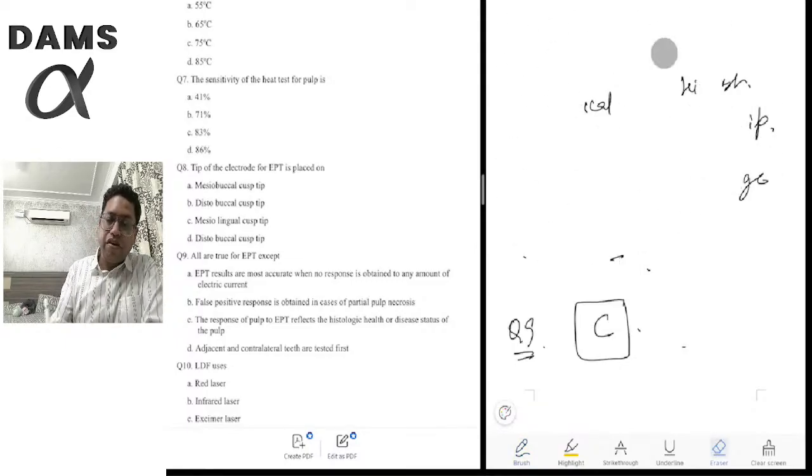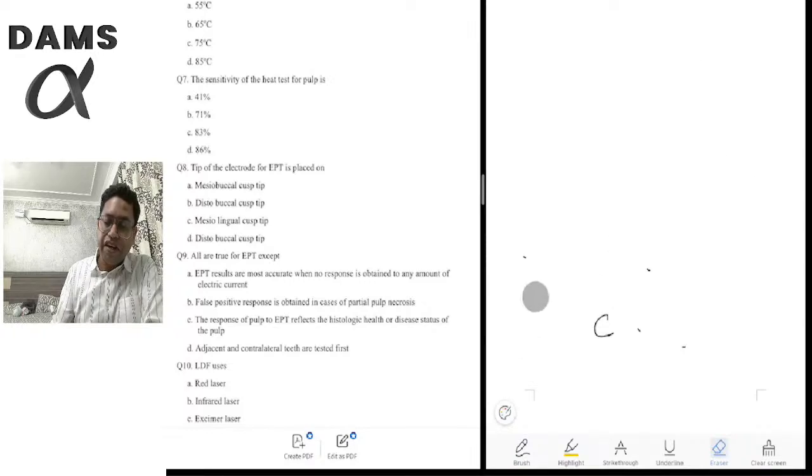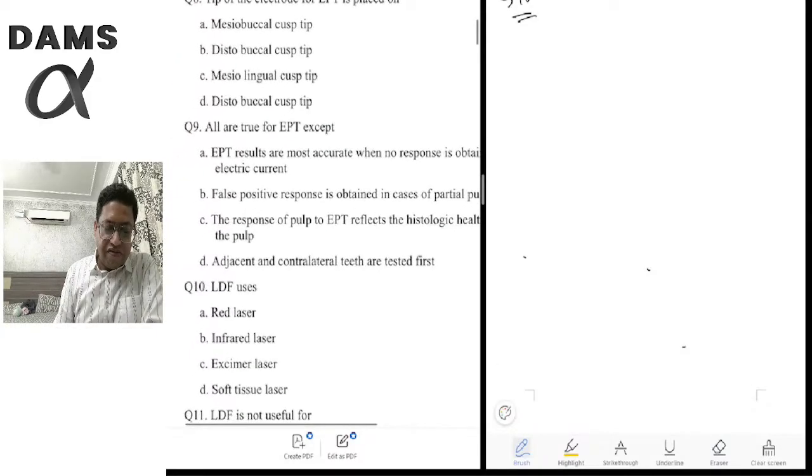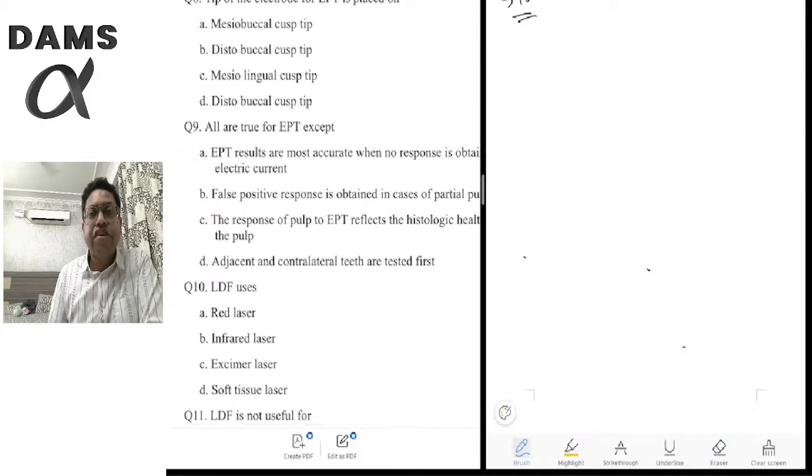And finally, we'll talk about question number 10 for the diagnosis session. LDF, which stands for laser Doppler flowmetry, uses a red laser, infrared laser, excimer laser, or soft tissue laser. Which laser is used?